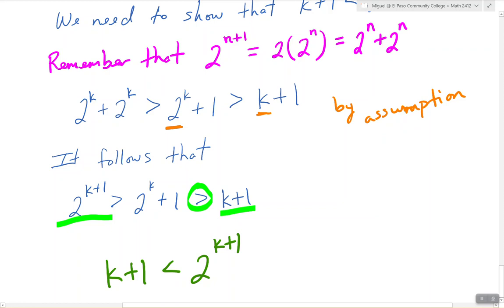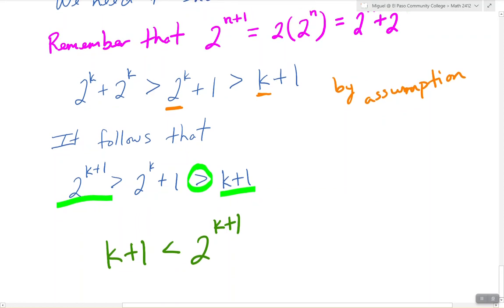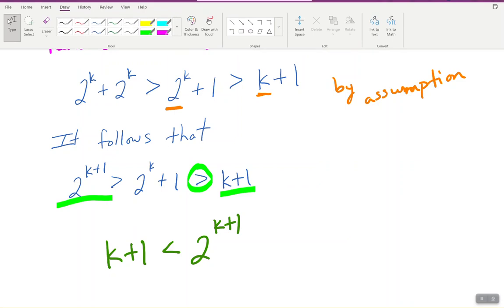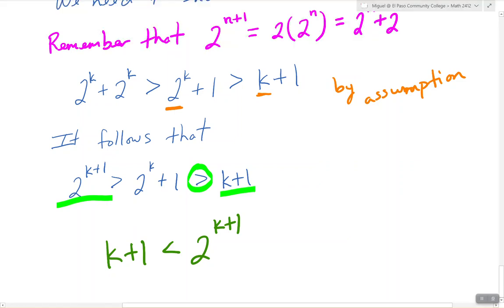And then from there it follows that k plus 1 is less than 2 to the k plus 1. Okay.